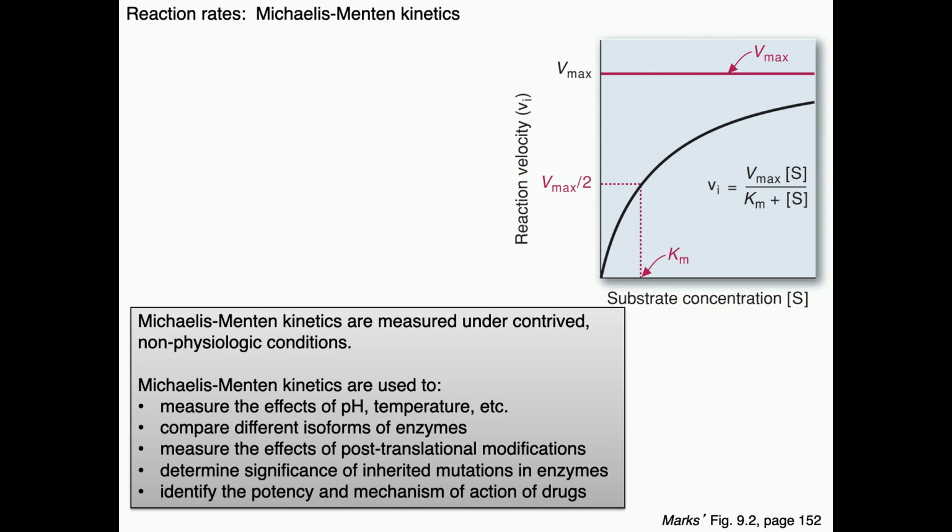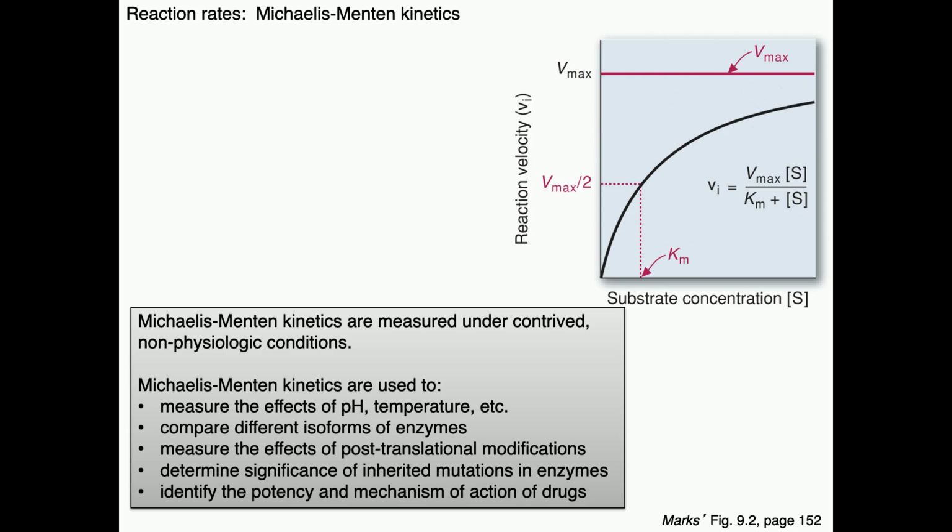Okay. They can also be used to determine whether endogenous substances within our body or different drugs that are made by a company, for example, are going to inhibit enzymes and the mechanism by which they're inhibited. Michaelis-Menten kinetics can also be used to compare different isoforms of enzymes.